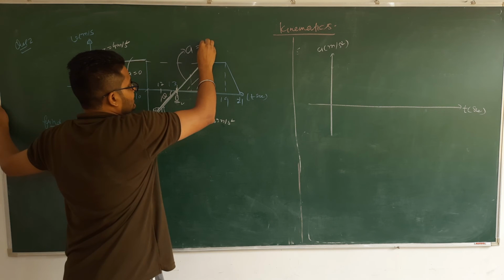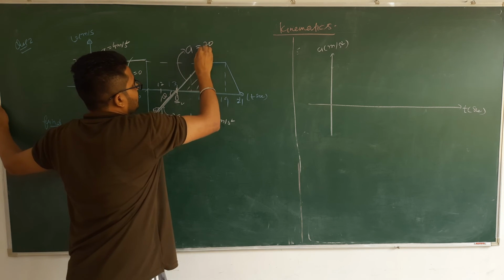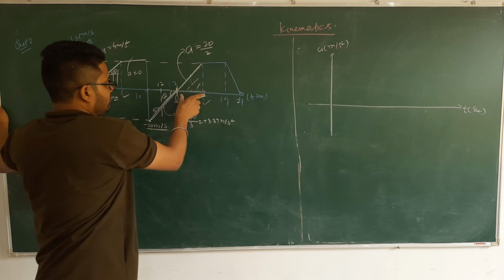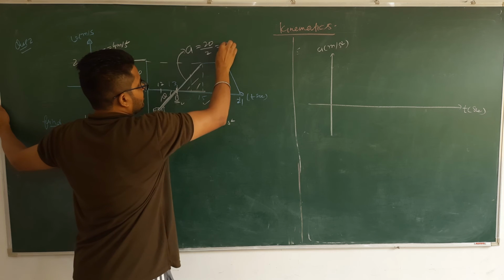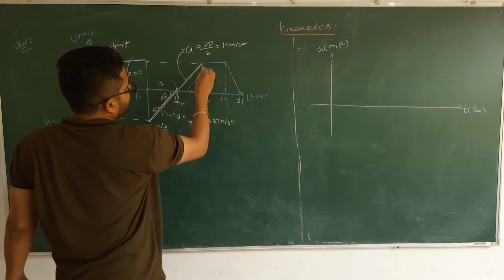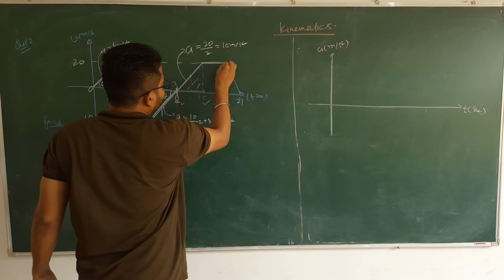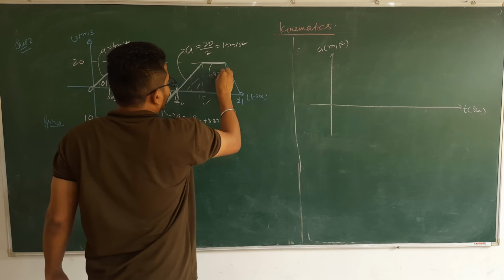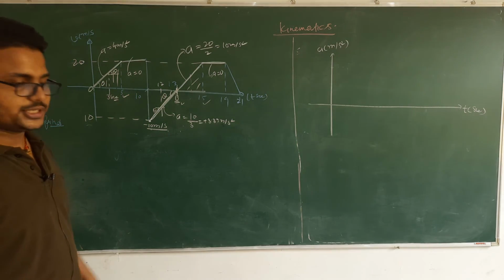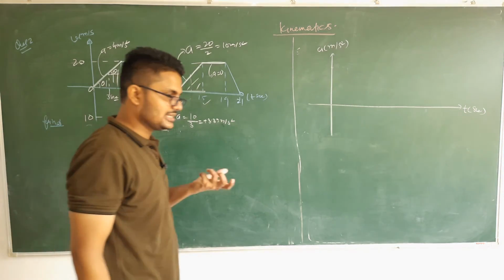So what will be the acceleration? Acceleration will be 20 upon 2, because this is 20, and this will be 10 meter per second square. Okay beta, and what will be the acceleration for this graph? This graph acceleration will be 0, because here the velocity is constant, so there is no rate of change of velocity, meaning acceleration is 0.